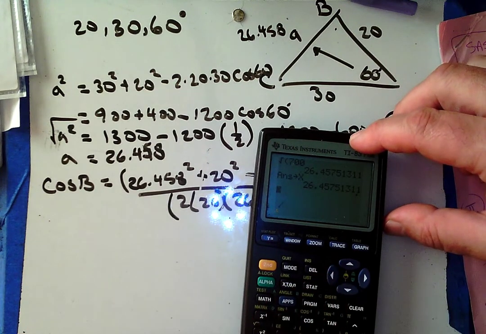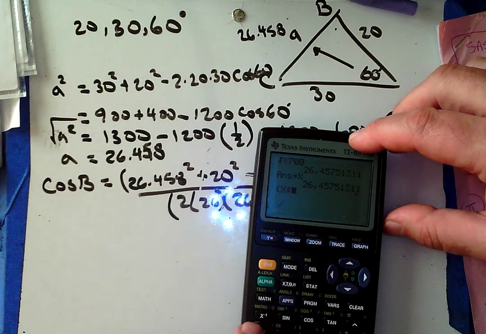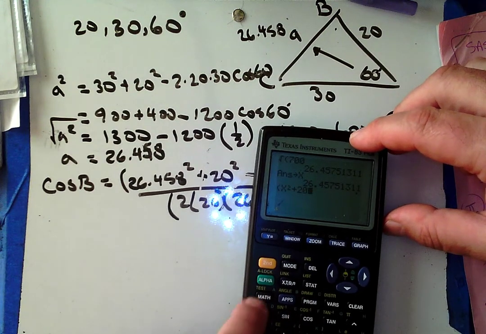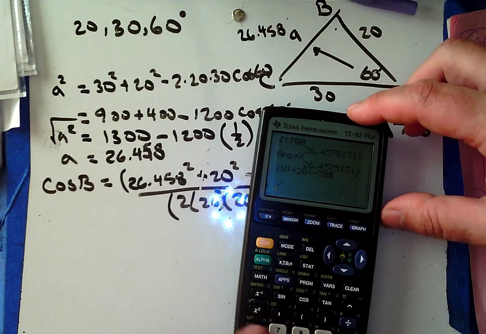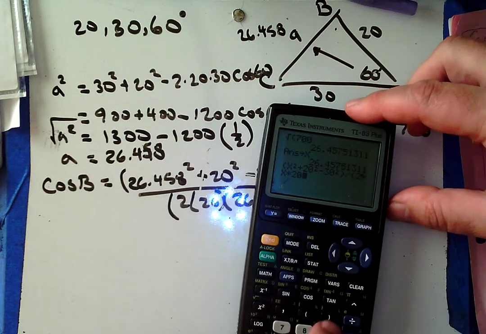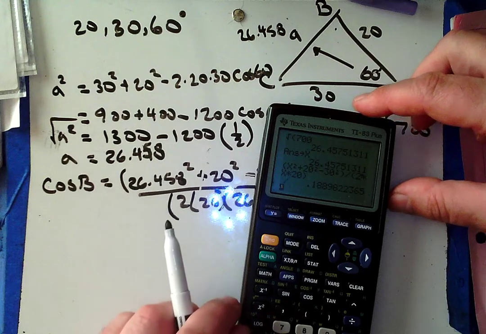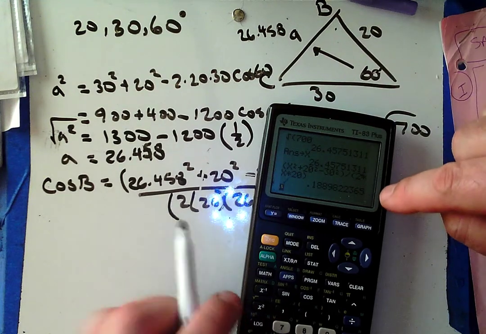Actually, I'm going to start with a parentheses, and then X squared plus 20 squared minus 30 squared, close those parentheses, divide by 2, open parentheses, 2 times x times 20. Okay, and so this is cosine of B.